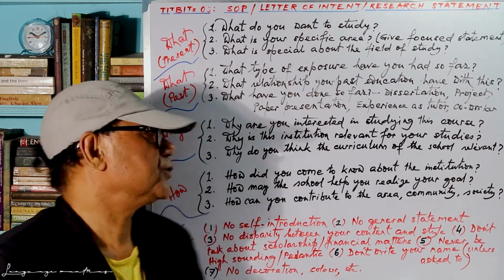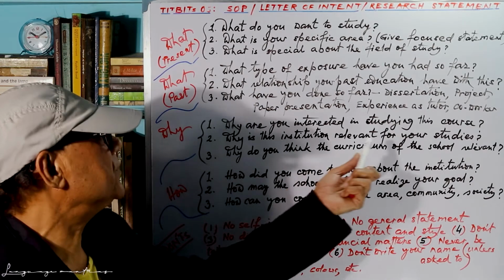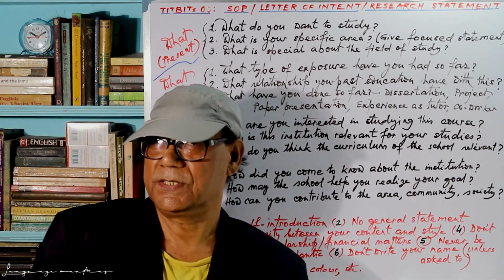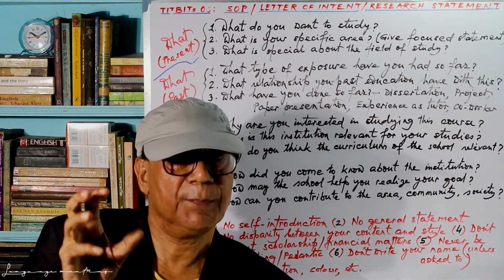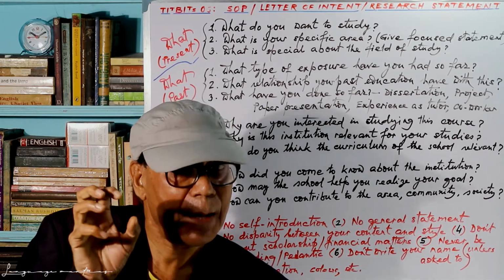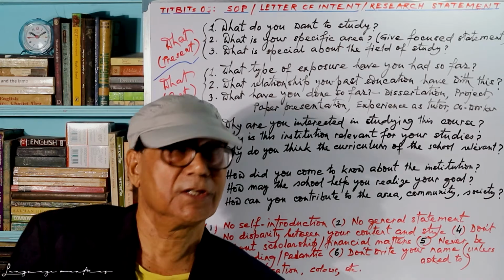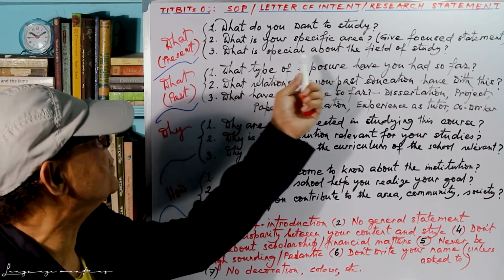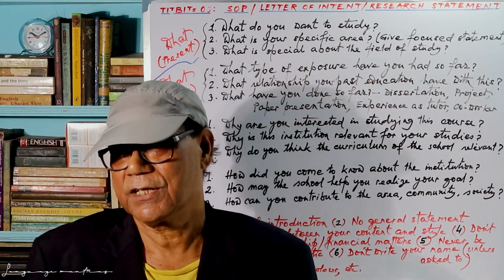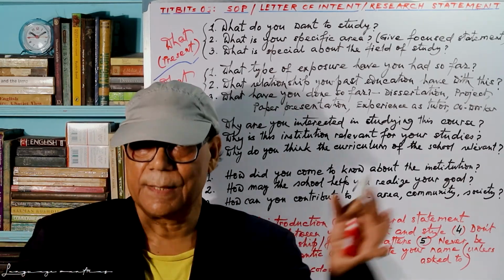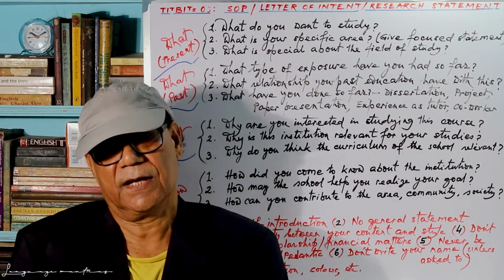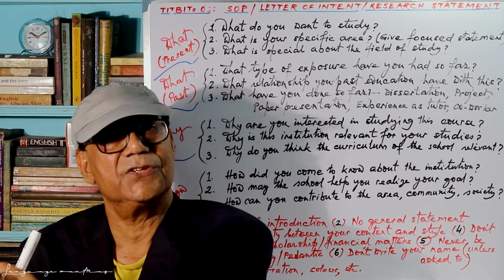These are academic questions. Why are you interested in studying the course? This is an academic question. You are interested in a particular course. Why? You have seen something special about it. What is special about the field of study? Again, you repeat that I have found something. Maybe some work is already done in this area, but still something undone is there.